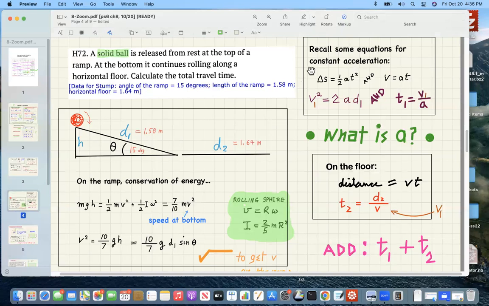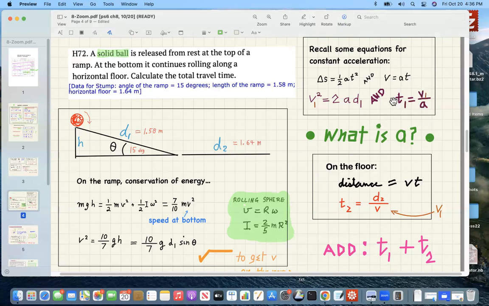It doesn't ask what's the acceleration as it rolls. Oh, but you want to find the time that it takes to roll down. So to figure out the time that it takes to roll down, well, the initial speed is 0, so the final speed divided by the acceleration.